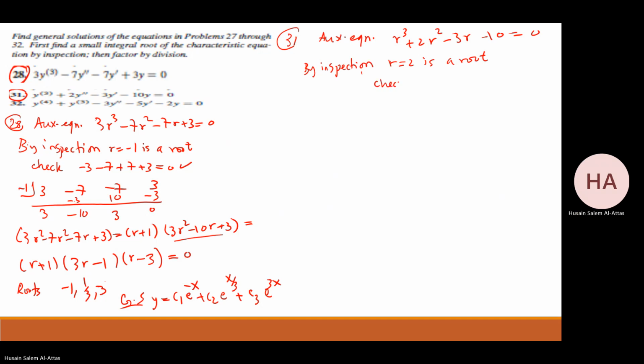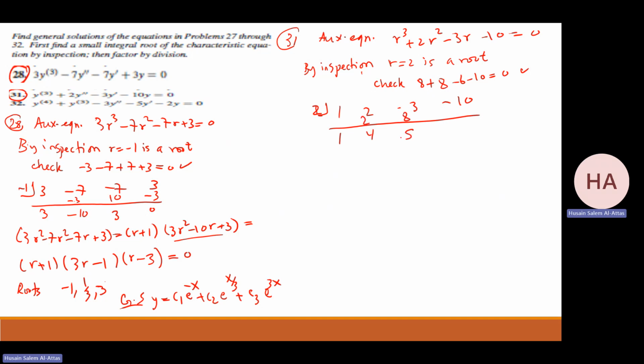Check. 8 plus 8 minus 6 minus 10 equals 0, which is correct. So that will be 1, 2, minus 3, minus 10, with 2. But 1, 2, 4, 8, 5, 10, 0. So it's correct. So I have r minus 2 times r squared plus 4r plus 5 equals 0.